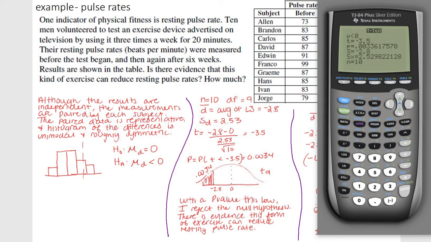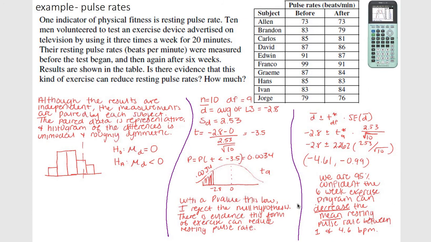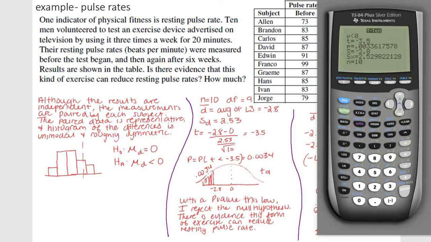There's evidence. And we want to find how much evidence, so we're going to do a confidence interval. Now this one didn't tell you exactly what confidence interval. Typically it's 95%. That's like default. Okay, so you get out your calculator, and you go to stat tests, and, whoa, wait, where am I?